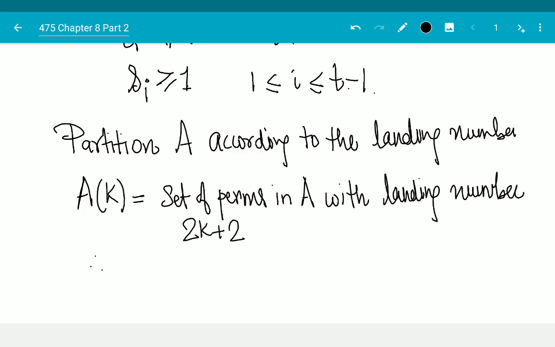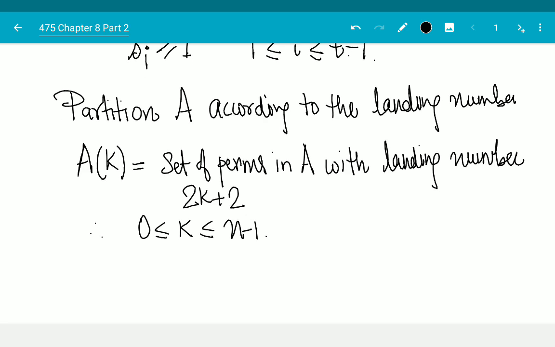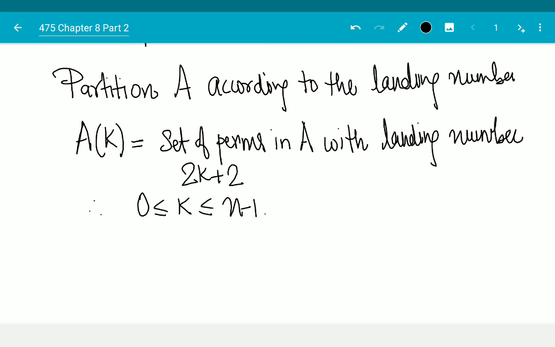And so, therefore, by my definition, I have 0 smaller than or equal to k smaller than or equal to n minus 1. Okay. So if k is equal to 0, my landing number is still 2. It's not 0. And when k is equal to n minus 1, my landing number is 2n. Okay.